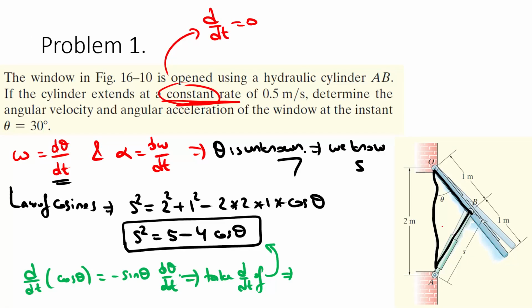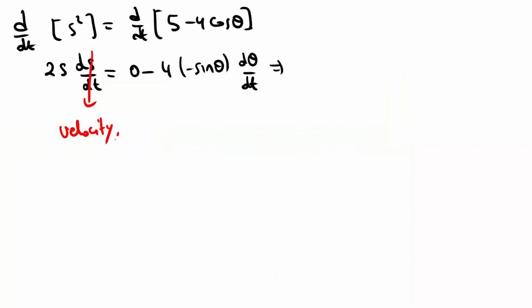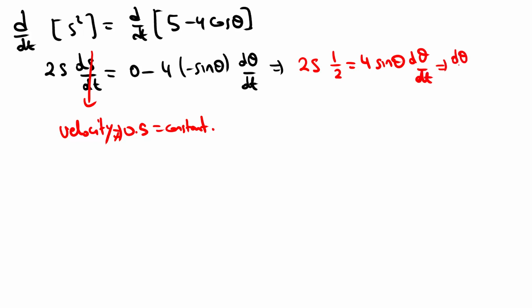The velocity is given here as 0.5 meters per second. Change of S with respect to time is 0.5, and that is a constant. So it will be that 2S times 1/2 equals 4 sine theta d theta by dt. And I can show that d theta by dt is S by 4 sine theta.